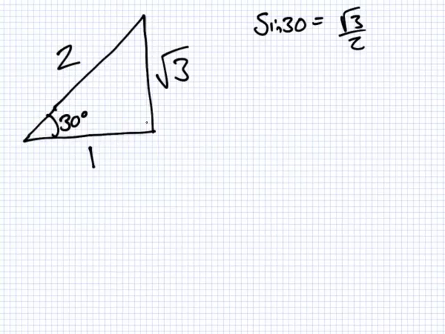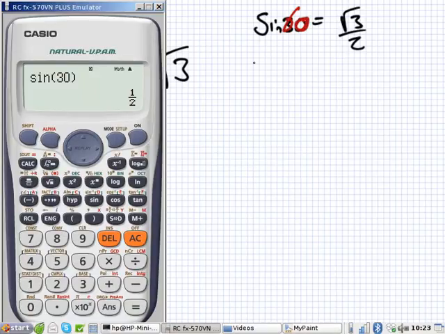Sorry, I know my mistake. That angle's not 30, that's 60. If you type in sine 60, you get root 3 over 2.